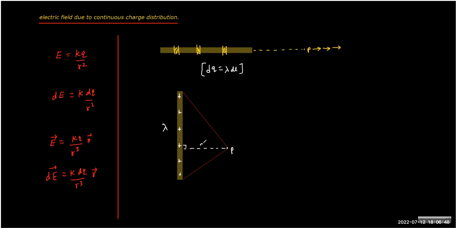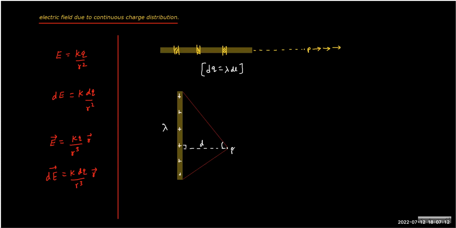So this is called D. D is the perpendicular separation between the point and the rod. That's given to you. So this is a variable which is known to you in advance. Lambda is given. What else will they give you? The angle that the ends will subtend at point P.